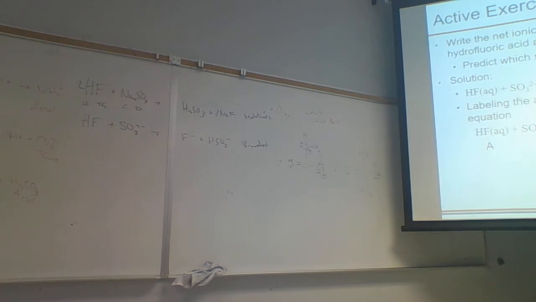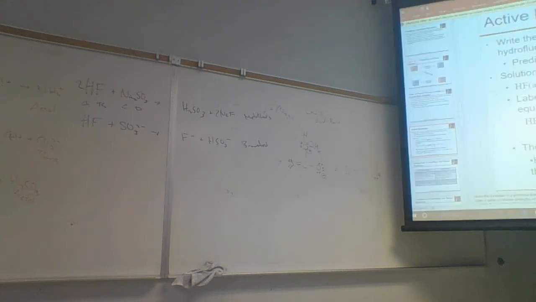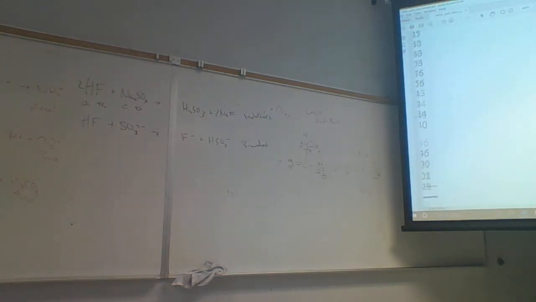Then we look at which side's favored. So which side's favored here? Well, we need the chart for that. I don't expect you to have it memorized. So we go to the chart, and we're comparing HF with HSO3 minus. In fact, I don't have HSO3 minus on my chart. My chart is not as good as their chart.